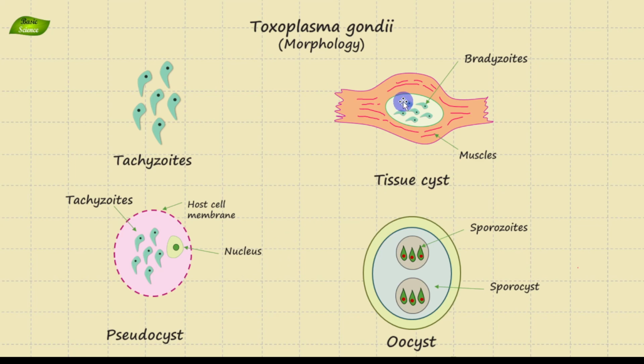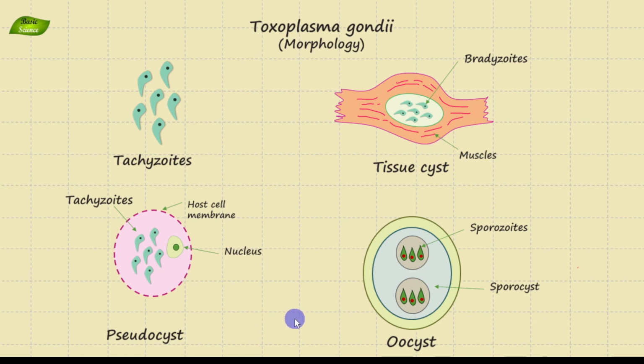All right, so these are the most important morphological forms. One is tachyzoites, the second one is pseudocyst, the third one is tissue cyst, and then the oocyst. In a way, we have discussed a lot of different stages of Toxoplasma infection in an interesting way. At least, we were able to see the structures, we were able to understand their function, right?